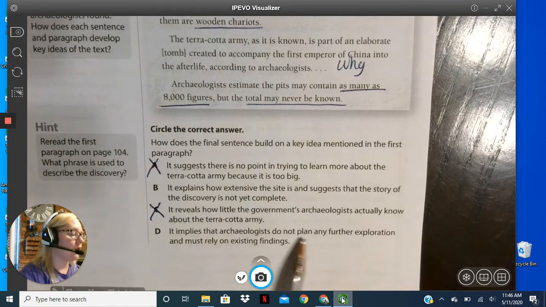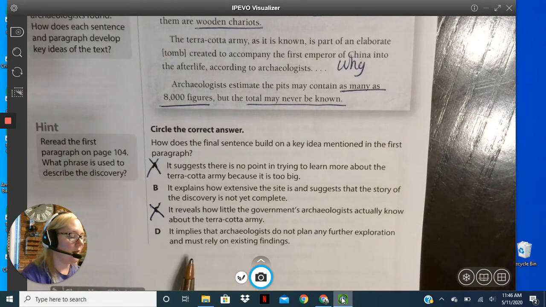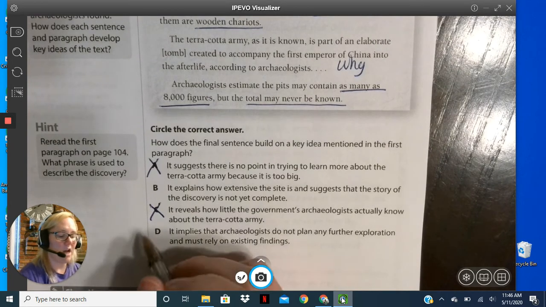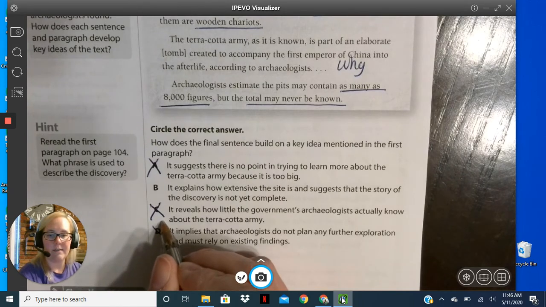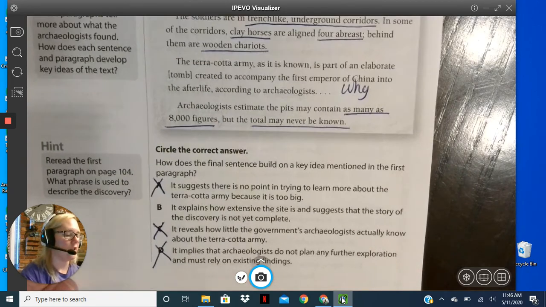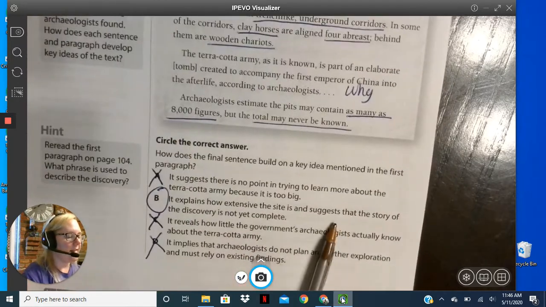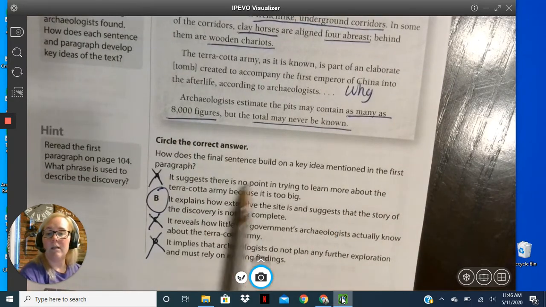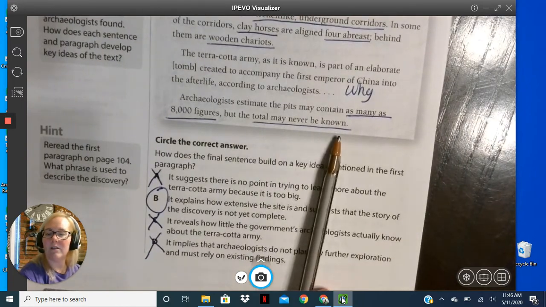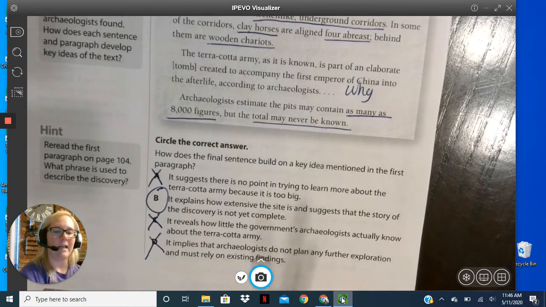Yeah, they did actually plan further exploration, and D actually says the opposite. So B is my correct answer because it does say how extensive it is and suggests that it's not yet complete because it may never be known, but it looks like they still want to try to figure out as much as they can.